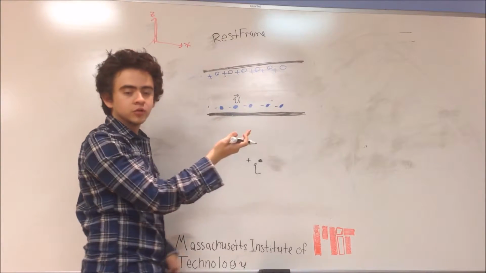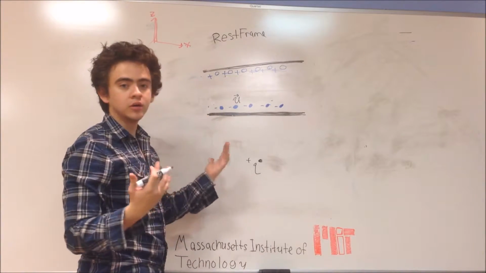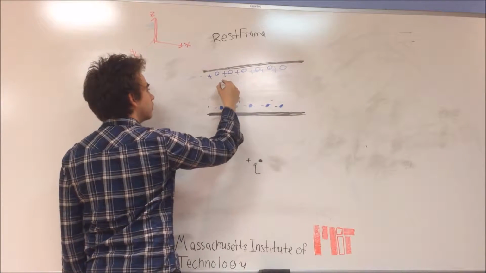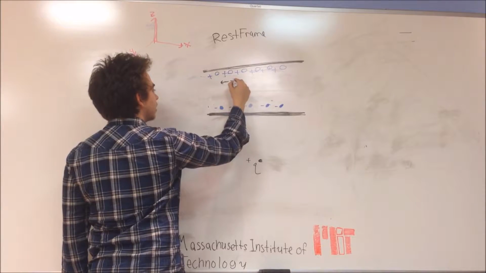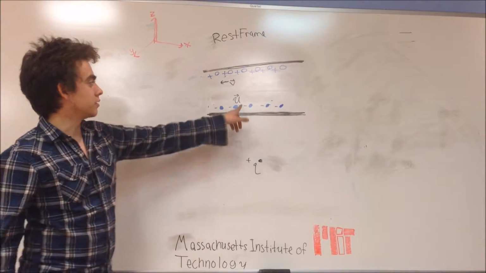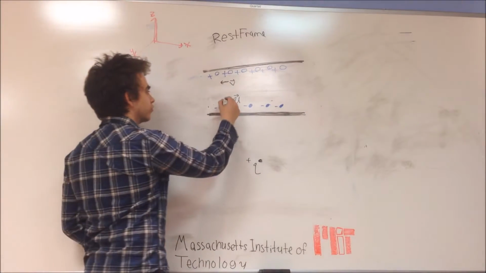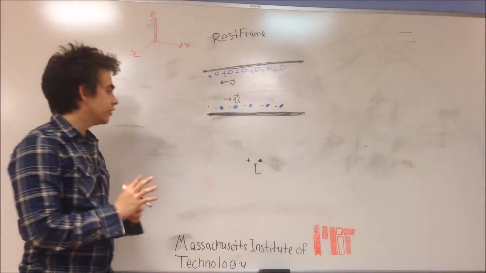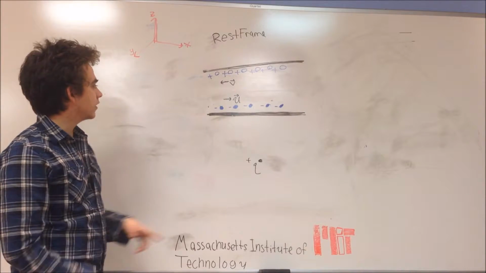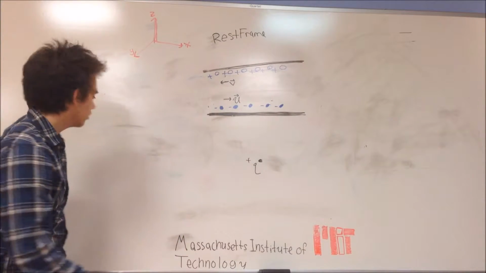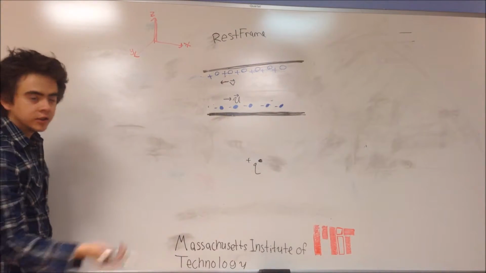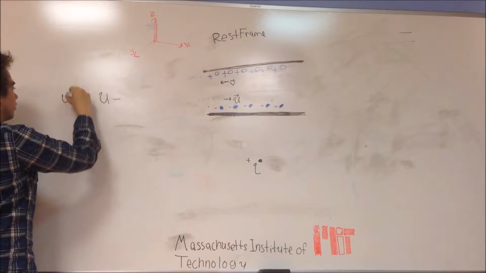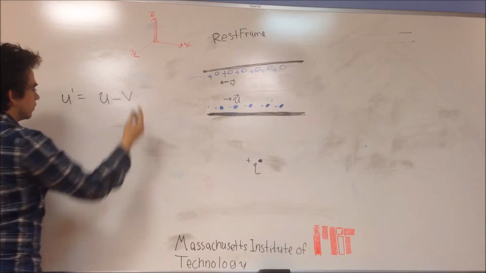So these positive charges that were not moving will now seem to be moving, from the point of view of this particle, in the negative v direction. And these charges, which were previously moving to the right with a velocity u, will now move with a velocity which combines u and minus v. Using Galilean transformations, we would convert it to our new u in our new frame, u prime, as u minus v.